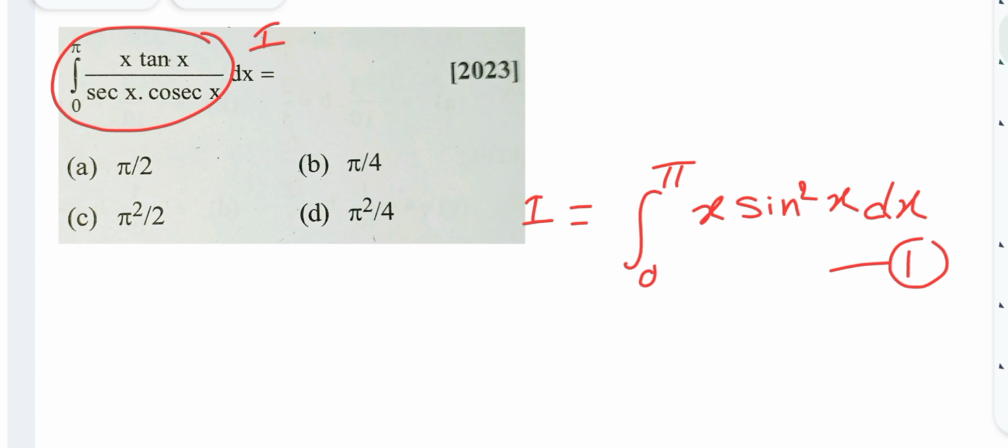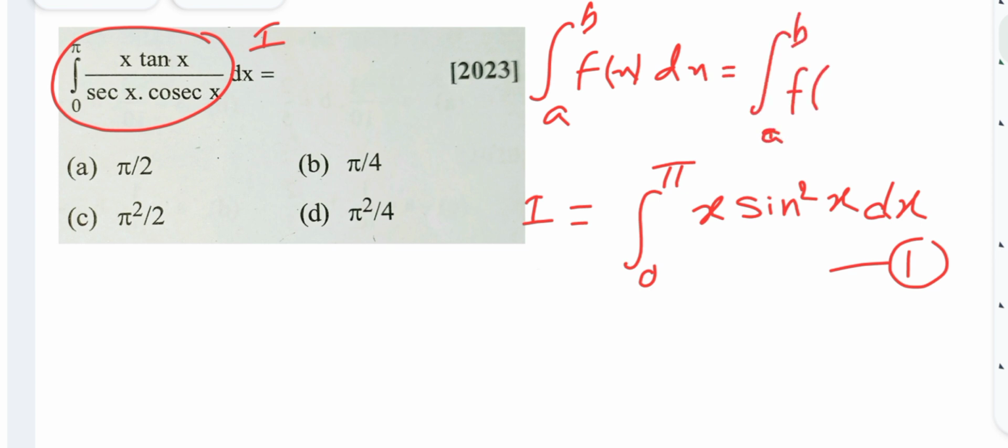So I will use the formula. Which formula? The integration from a to b of f(x) dx is nothing but the integration from a to b of f(a plus b minus x) dx. As we have discussed in previous videos, we replace x with a plus b minus x.